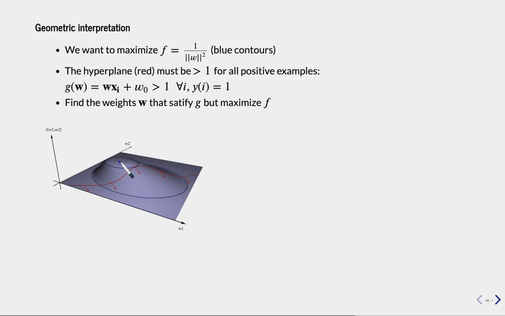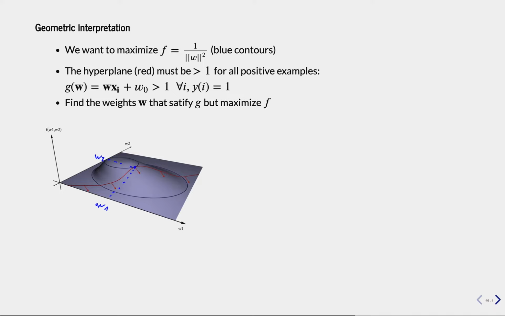So you want to find the optimum of this function, and with the constraint that every point that we find should evaluate to points on this side of the red line. And this combination means that the solution will be this set of weights. Right? This w1 and this w2.